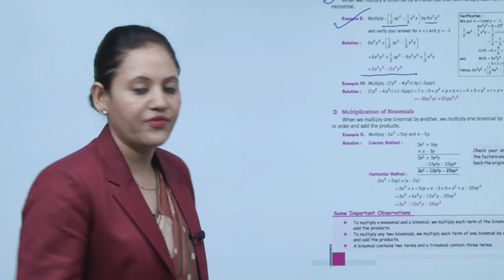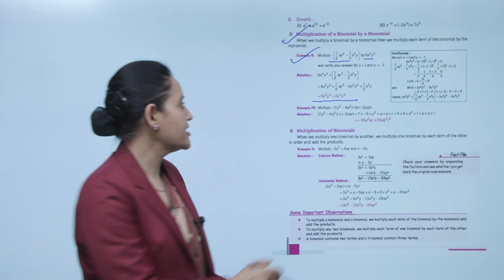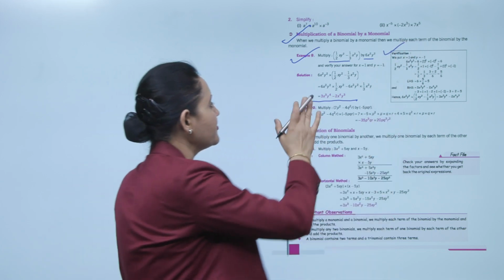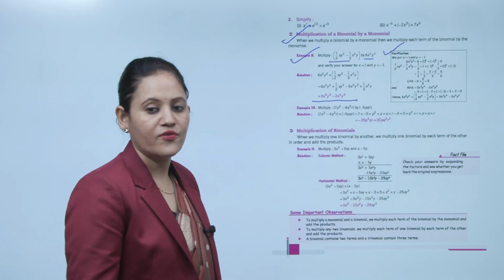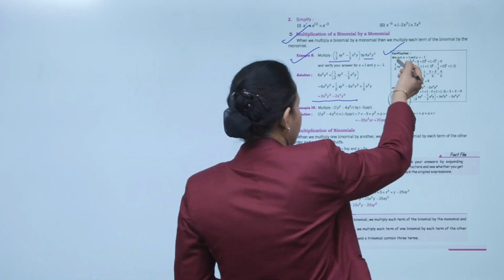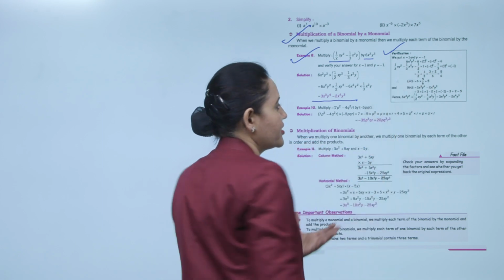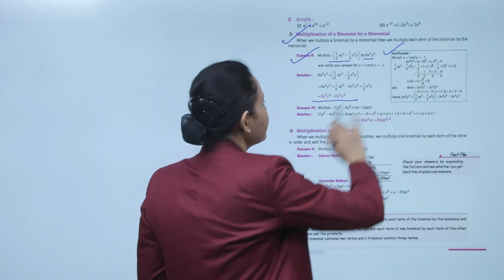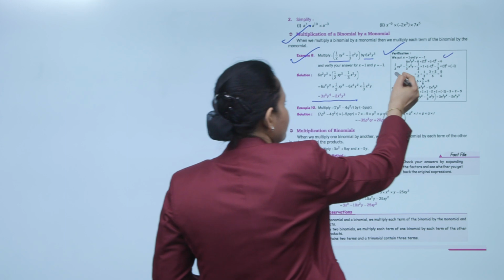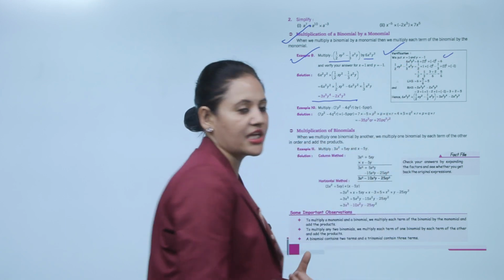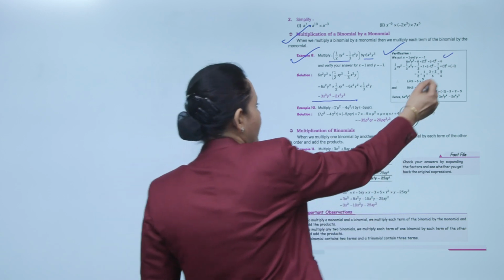Now we have to verify. Now verification, put x equals 1 and y equals -1. So first we will solve the LHS. In 6x square y square we put the value, so that is equal to 6. Now in 1 by 2 xy square minus 1 by 3 x square y we put the values, and what comes is 5 by 6.